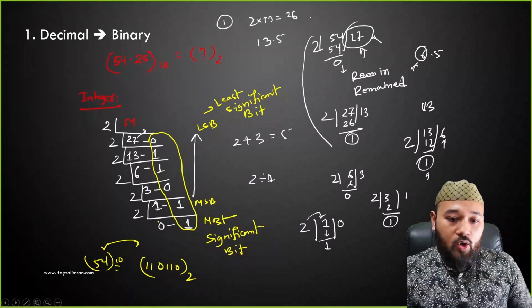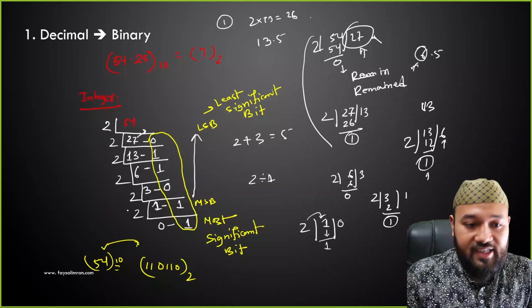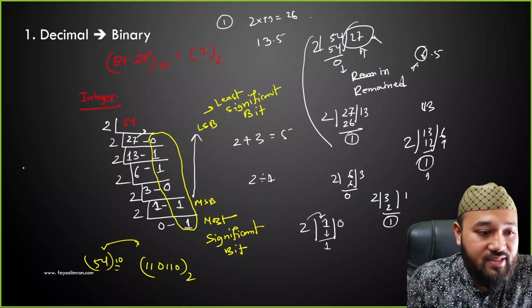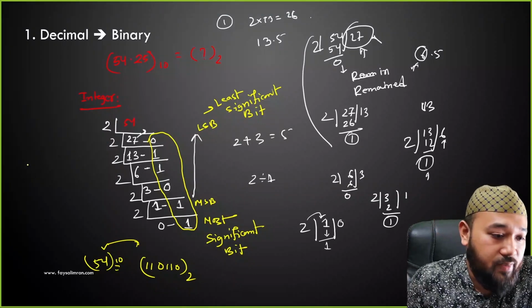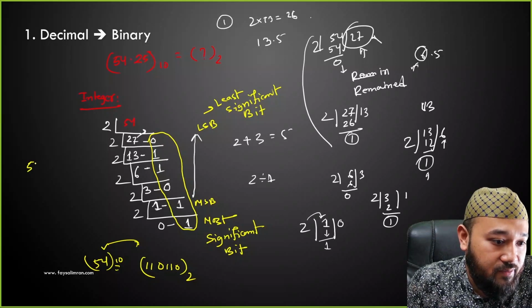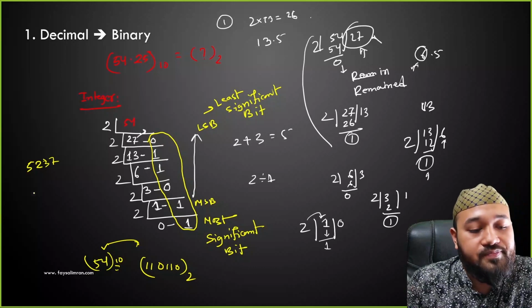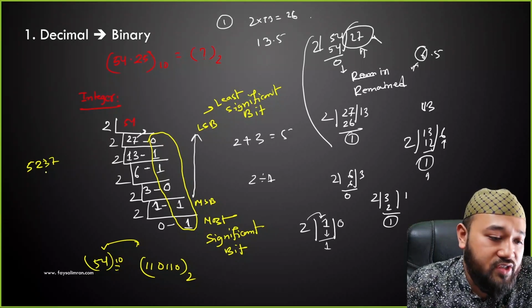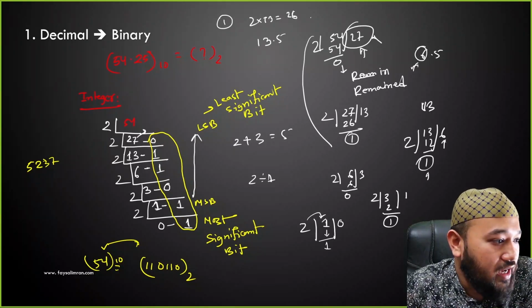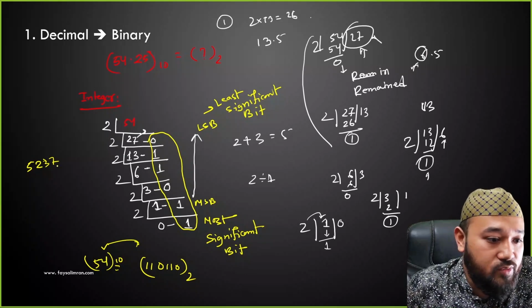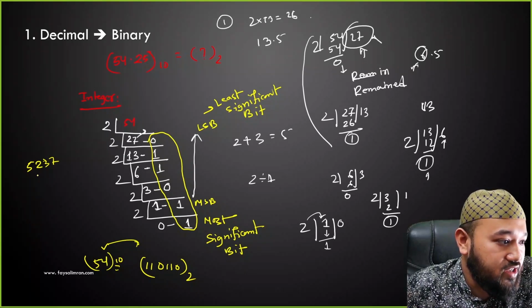Okay, what is MSB and what is LSB? If we buy a dress, the price of the dress is like 5,237 Taka. That means which digit is the most significant? Arana Ahmed, do you know which digit is most significant? 7.